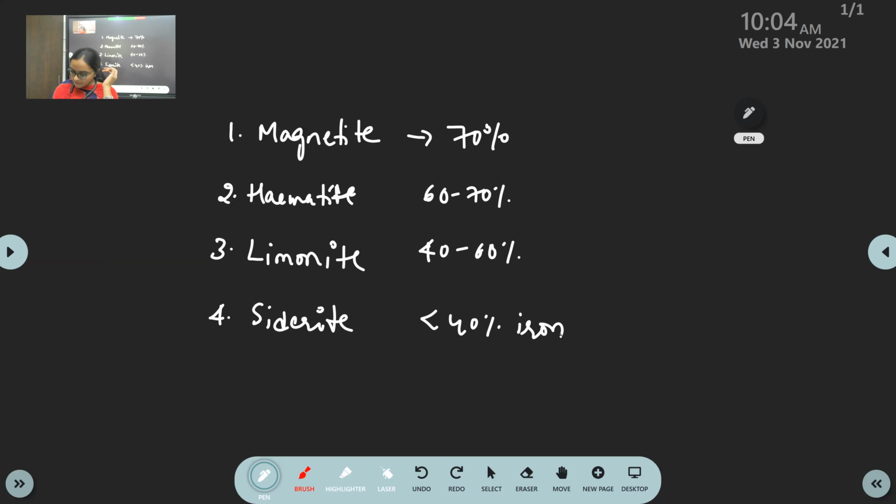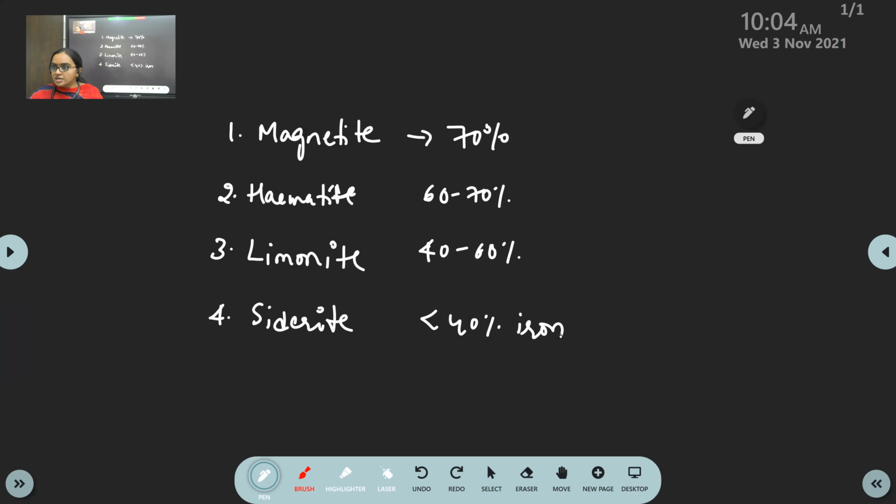Next point. India's iron ore is mostly hematite, which contains 60 to 70% iron. We don't have much magnetite; magnetite is localized.